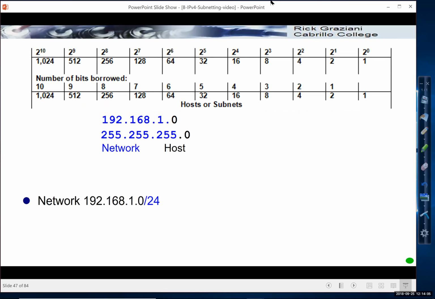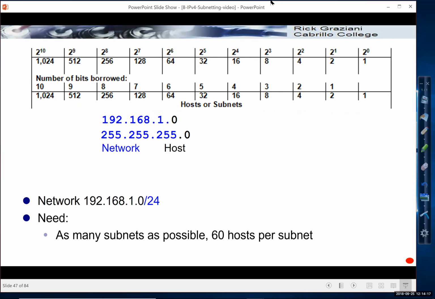Let's say I have a network address with a /24. The network address is 192.168.1.0, and we have a /24 mask, 255.255.255.0. But we need to subnet this network into as many subnets as possible, with 60 hosts per subnet. What will give us 60 possibilities?